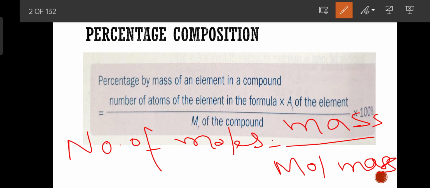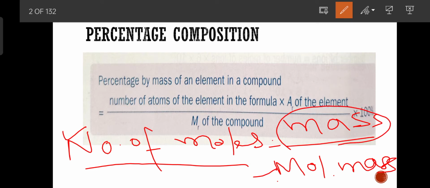So by simply adding the relative atomic masses of the elements present in a compound, you can find the molar mass. Molar mass can be calculated by using the periodic table, but the mass is provided. So if you have the mass and molar mass, you can find the number of moles. Clear? And if you have the number of moles and molar mass, you can find the mass. By using any two provided values, we can find the third value.